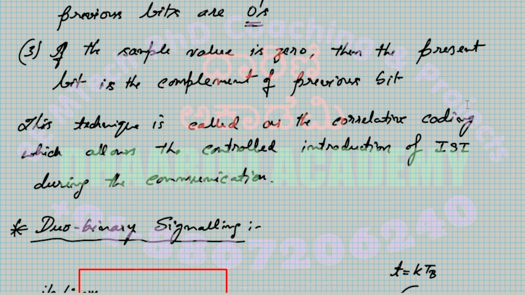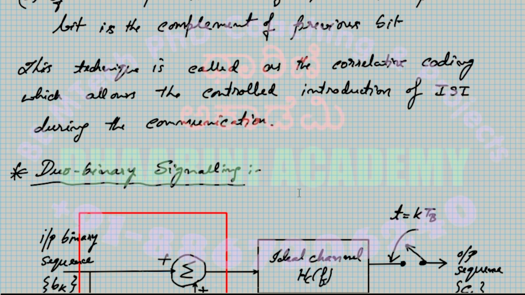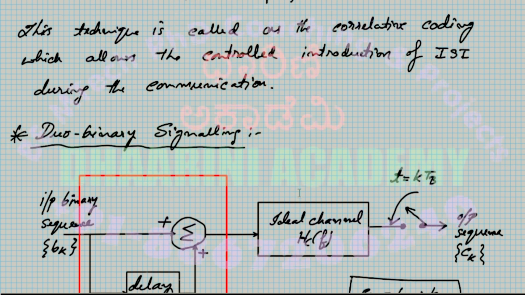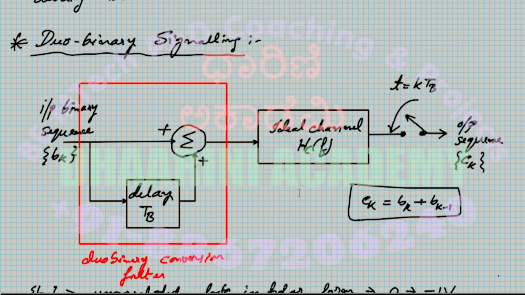So now what we do, we try to incorporate this logic into a coding scheme that is called correlative coding. Ultimately, I'm trying to allow some sort of ISI. One technique is referred to as the duobinary signal.